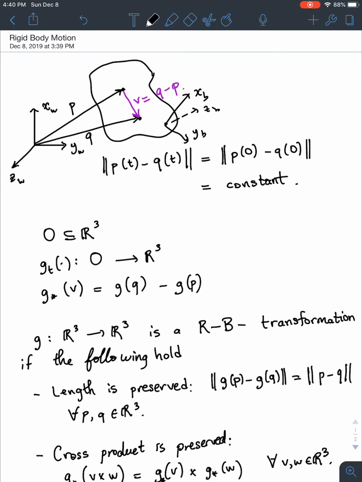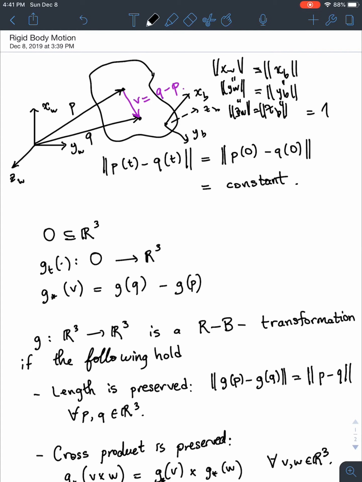But before we make that precise, let me tell you something very important that is always going to be true. The vectors that make up a coordinate system will always have unit length. Unit length means the usual Euclidean norm of xb, yb, zb, or really norm of xw, norm of yw, norm of zw, will all be equal to 1. So all of them will be unit vectors.